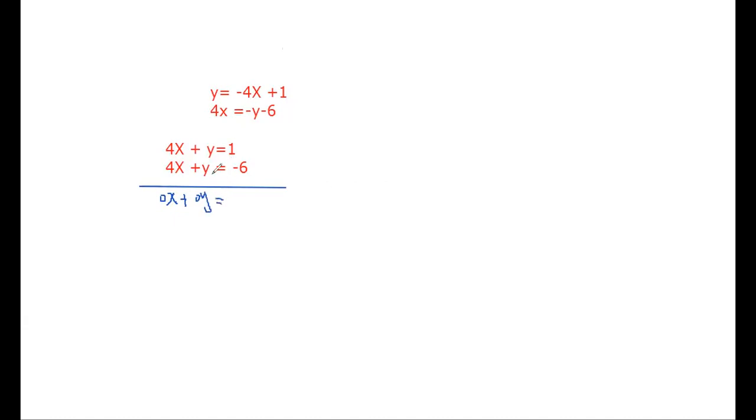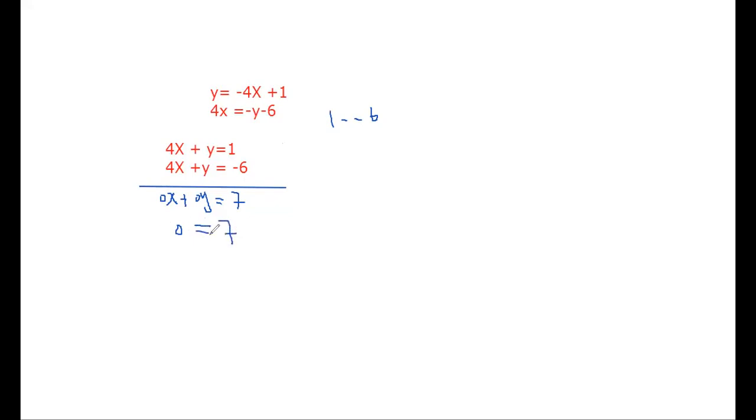And 1 minus negative 6: negative times negative becomes positive, so it will be 1 plus 6, which equals 7. By the end, we have 0 equals 7.